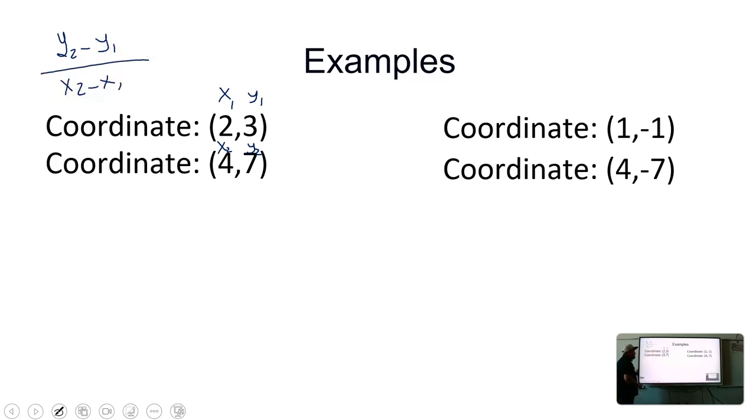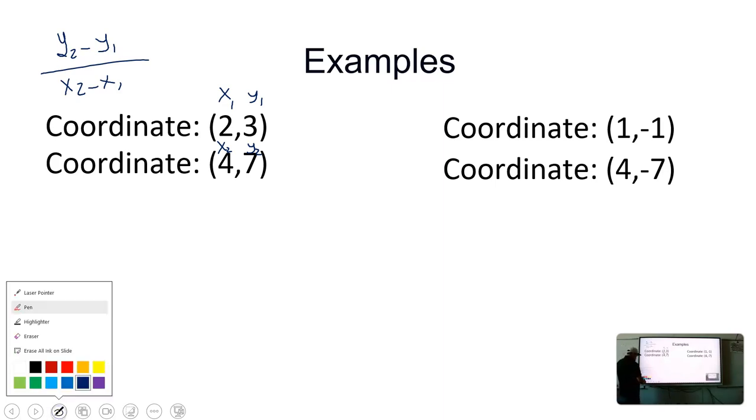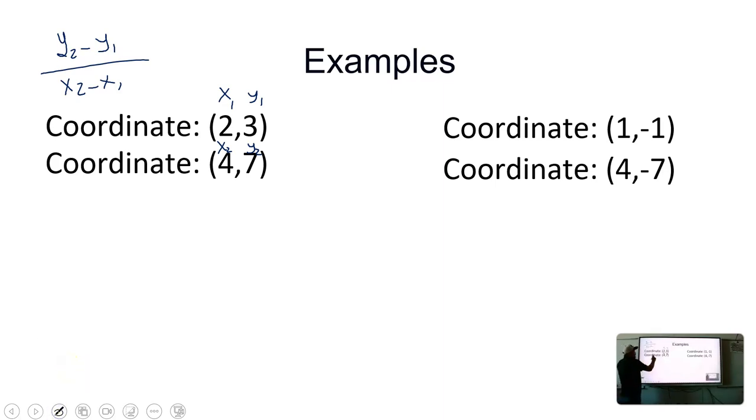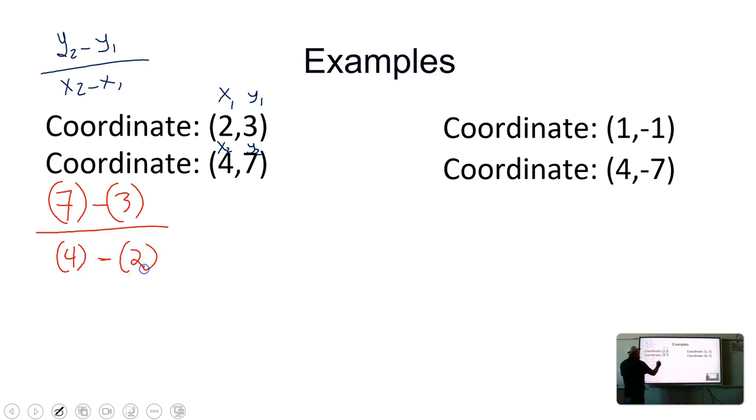Let's do that first. All right, so y2 is 7. I'm going to use parentheses. Subtract y1, which is 3. And the parentheses just help me keep track of my signs. Over x2, which is 4, minus x1, which is 2.